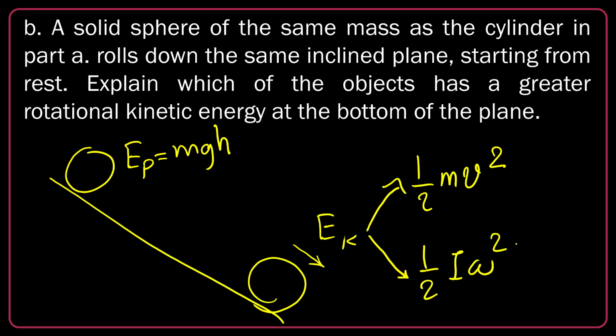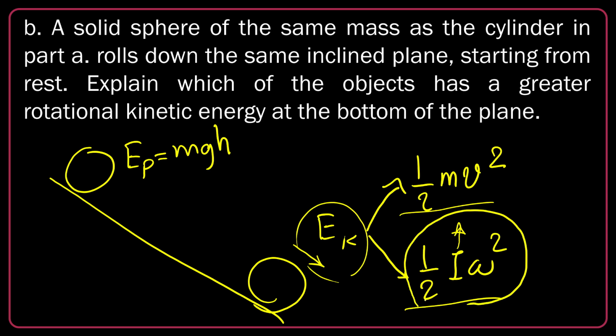Okay? Here, this kinetic energy is distributed between two terms. If I have larger I, I will expect larger term for a half of I omega squared and a smaller term for a half of mv squared. Okay? And vice versa.